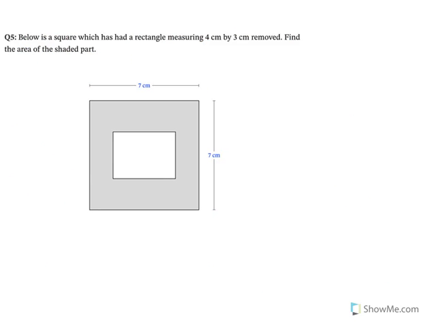Last one. It says below is a square which has a rectangle measuring 4 by 3 centimeters removed. So find the area of the shaded part again. They told us that this measures 4 by 3 centimeters, so that gives us a 12 square centimeter rectangle. Then we have the square, which measures 7 by 7.